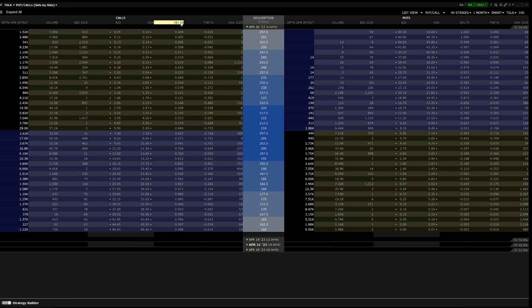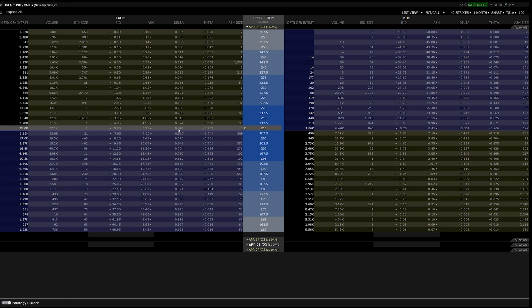So delta, what we see here, tells you how much your options contract should move when there's a $1 move on the underlying. So we're looking at Tesla here. I pulled up Tesla because it's highly traded in terms of options, and most people are interested in Tesla. It's a very popular security to trade, lots of volatility. So let's just take this as an example.